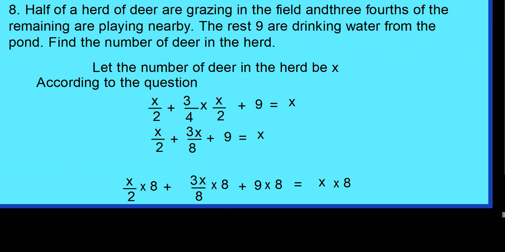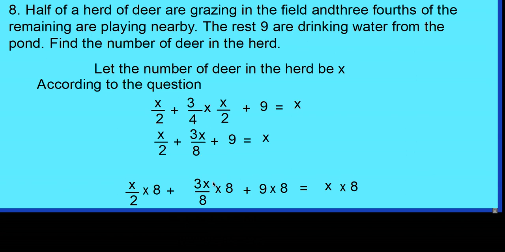Here 2 into 4 is 8, so 4 times x is 4x. Then here 8 and 8 cancel, so the remaining is 3x. 9 eights are 72, and x into 8 is 8x.